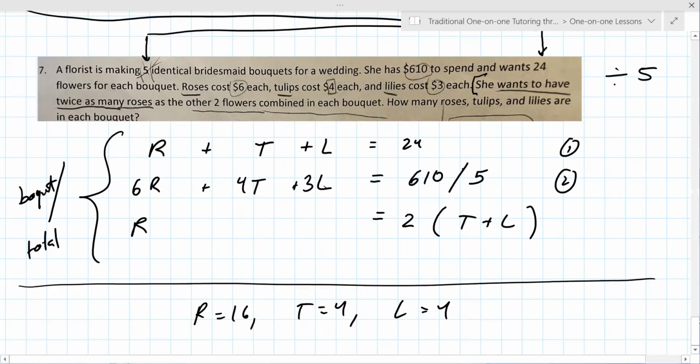I sent you another test question. All right, let me take a look here. All right, there it is.